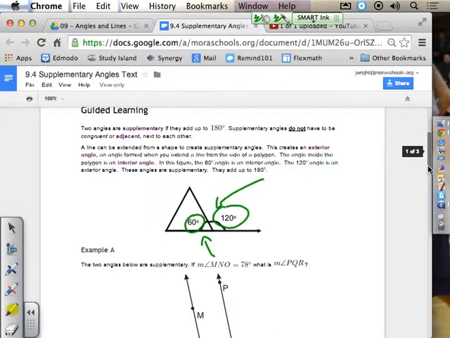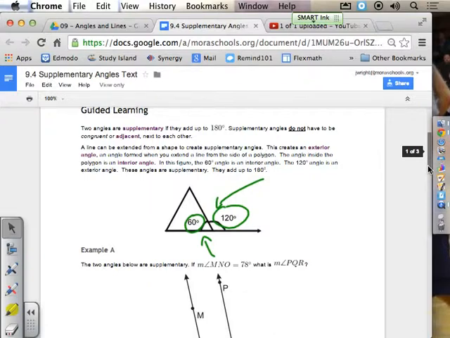But they are supplementary because, as you know, they add up. They are a straight line, which equals 180 degrees, and the two angles together add up to 180. Supplementary. So when you get two angles together that add up to 180 degrees, that is supplementary. They do not have to be equal, and they do not have to be next to each other.